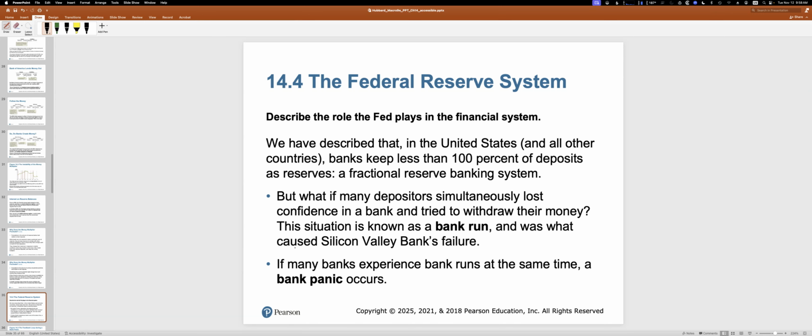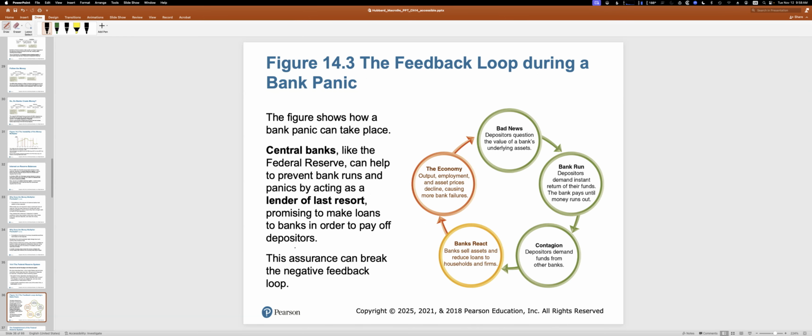Because essentially, the banking system does rely on trust. So if I went around and I spread a bad rumor that a certain bank was failing, it may in fact fail if people started to believe my rumor. And so the central bank, again, is in charge of stopping bank panics.